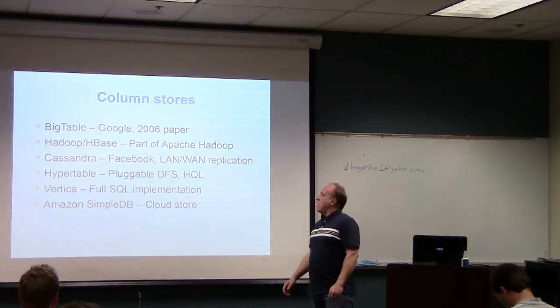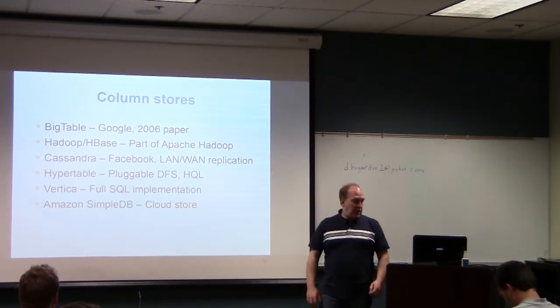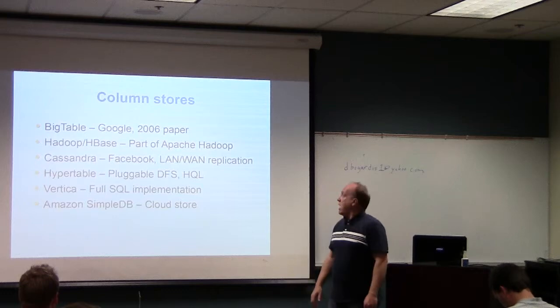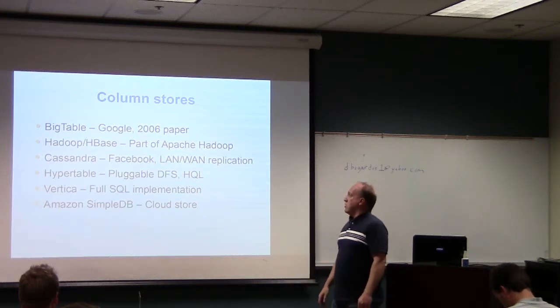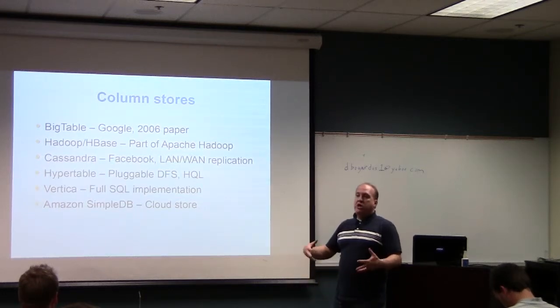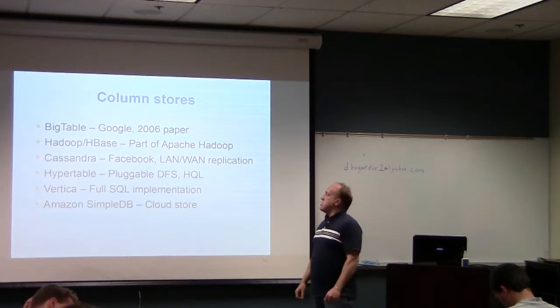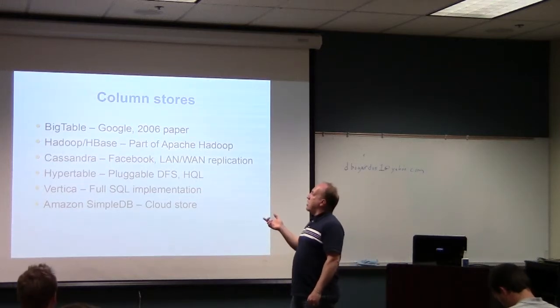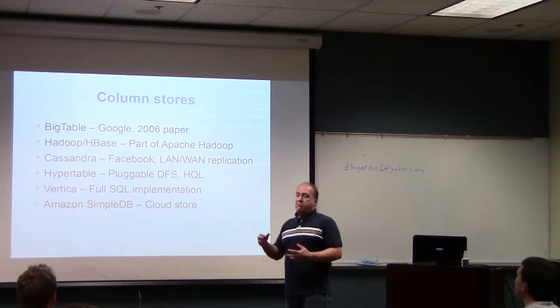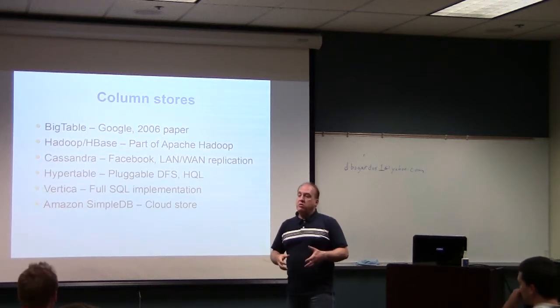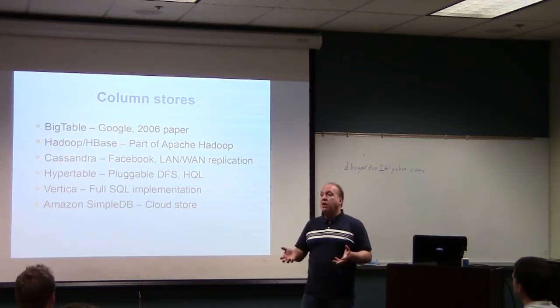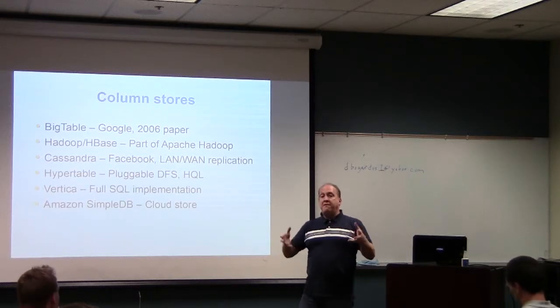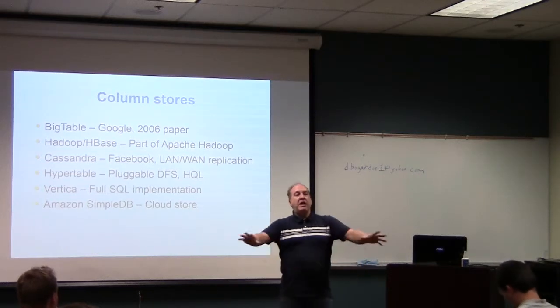Hadoop and HBase. Hadoop, I'm sure you guys have heard that around. It's an Apache project. It's actually part of a very large ecosystem. Hadoop is slightly different than some of these other products in that at its base, it's a distributed file system called HDFS. So what Google said is we want to take the file system itself and make it scalable.